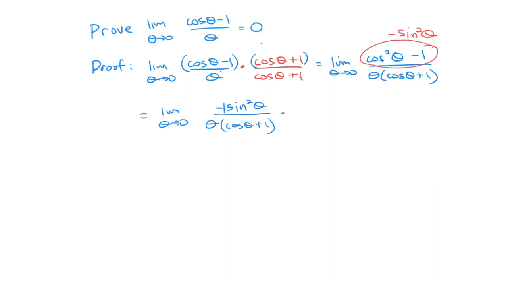I'm going to move that negative out front, so I'm going to have negative 1 times the limit as theta approaches 0. And then let me write something, you guys tell me if this is okay or if I'm just making something up here.